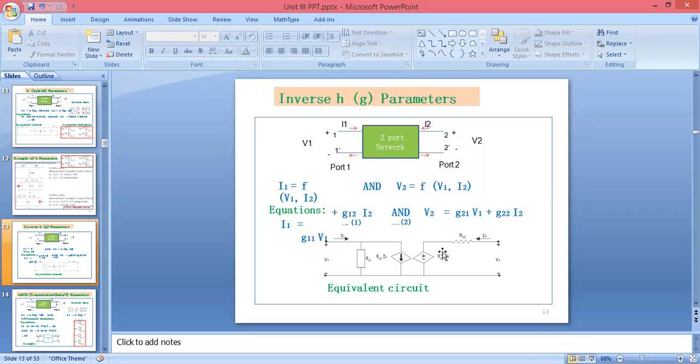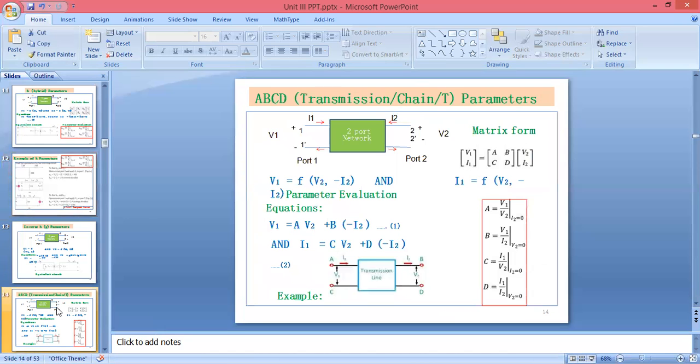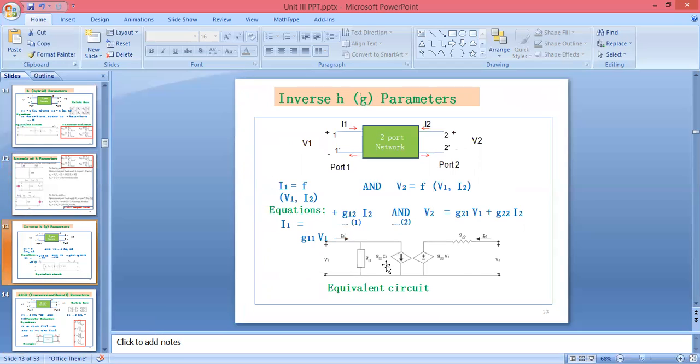So if you are supposed to derive the values for G11 and G12, at that time, in hybrid parameter, whenever you were deriving H11 and H12 we were making port 2 short circuit. So here we are supposed to make the circuit open. Whenever you are supposed to calculate G11 and G12 you make port 2 an open circuit.